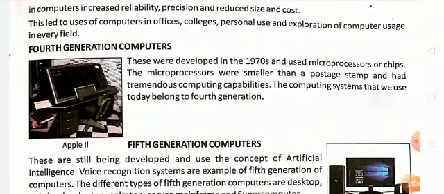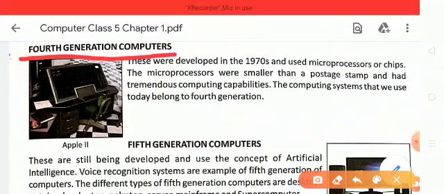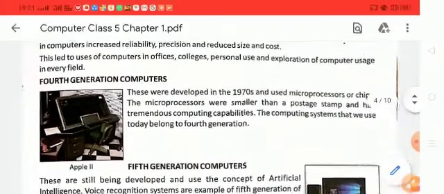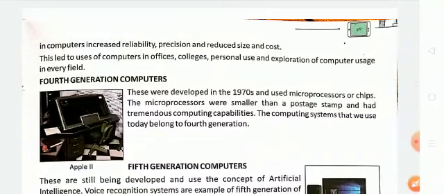Now fourth generation computers. These were developed in the 1970s and used microprocessors or chips. Microprocessors or chips. The microprocessors were smaller than a postage stamp and had tremendous computing capabilities.